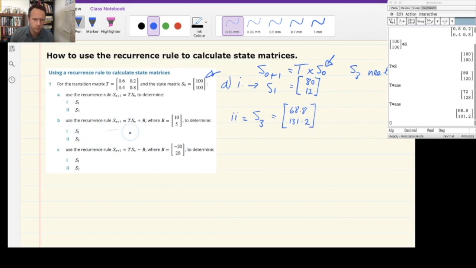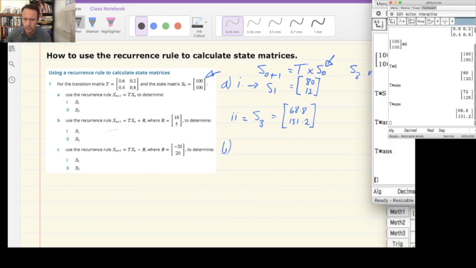Next up, use the recurrence rule, Sn plus 1 equals T times Sn plus R, where R is 10 and 5 as a column matrix, to determine S1 and S2. Okay, so B, let's make this black so we can differentiate a bit.